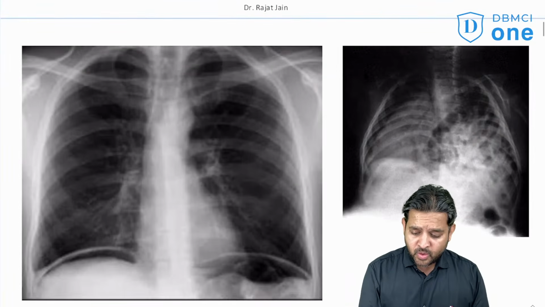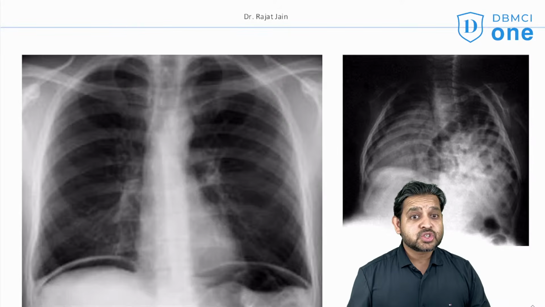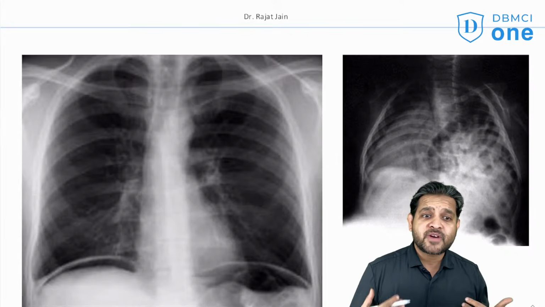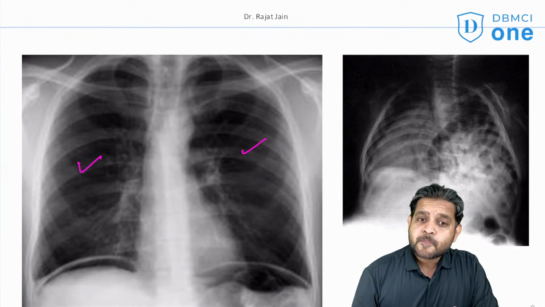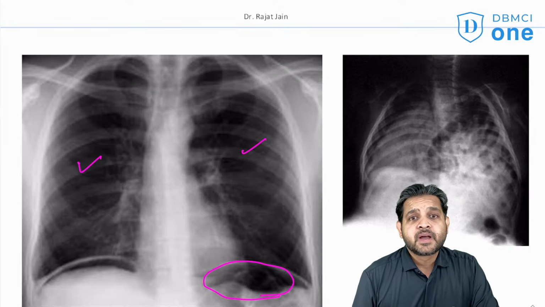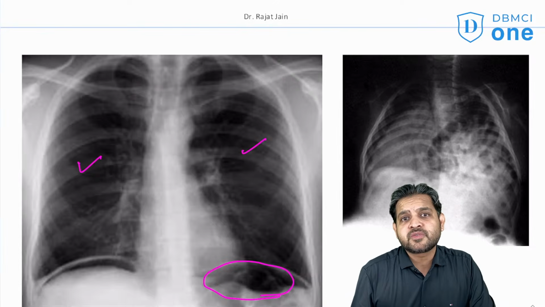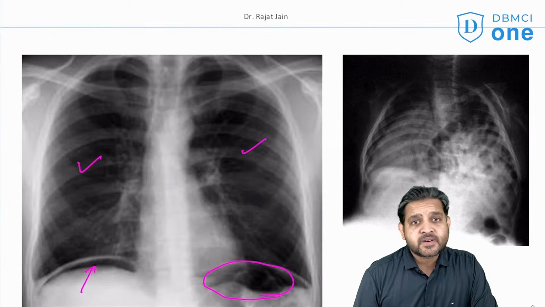Okay. Now, on the other hand, what do you see in these two chest x-rays? These two are actually chest x-rays, but they do not have a problem of the chest. They have a problem of the abdomen. Now, what do we see? I can see the chest, but I can see air below the left hemidiaphragm. Air below the left hemidiaphragm could be because of air in the stomach. But I can also see air below the right hemidiaphragm.